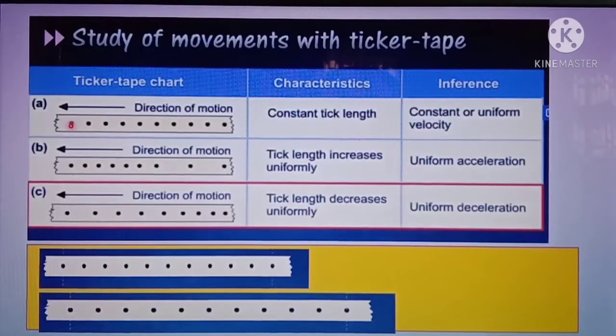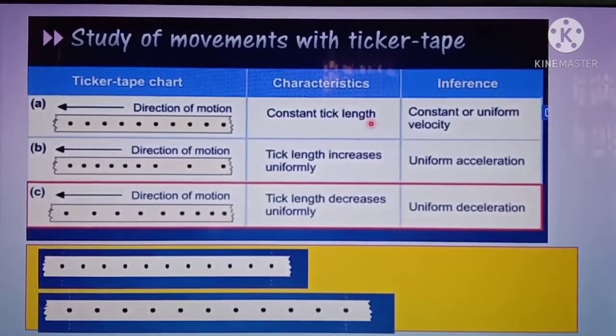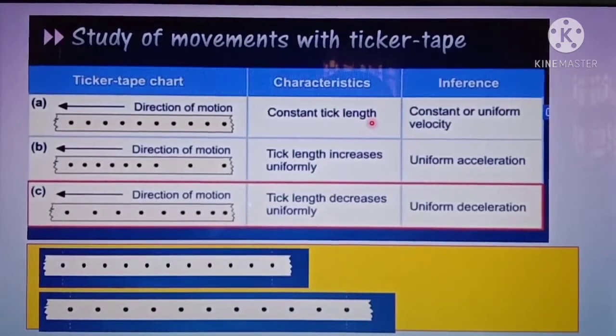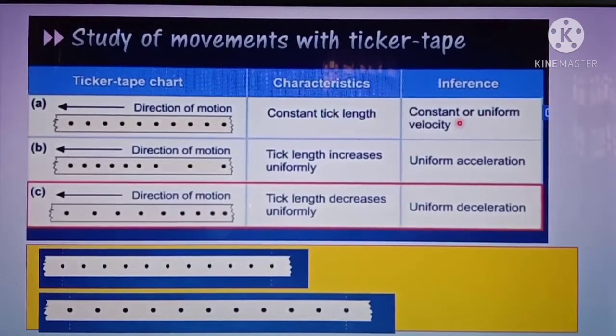From the first dot, you can look at what happened to the distance between two dots. The distance between two dots is constant. We call this constant tick length. So what can we infer from the ticker tape? Meaning the object is moving with constant or uniform velocity.